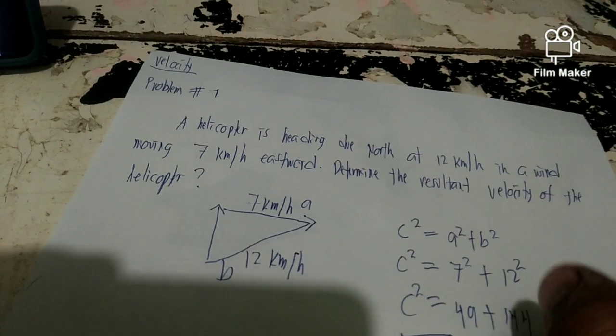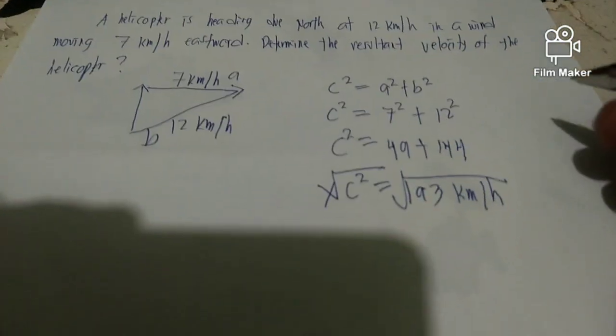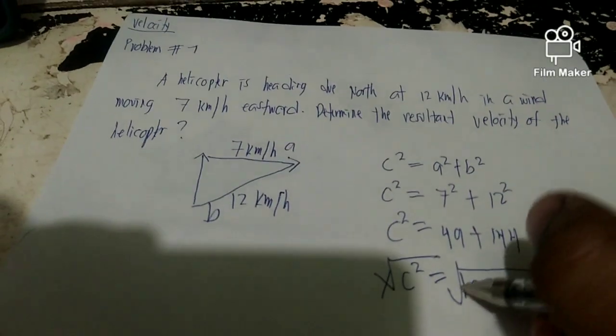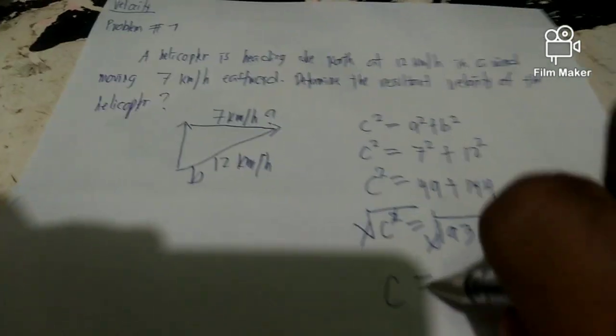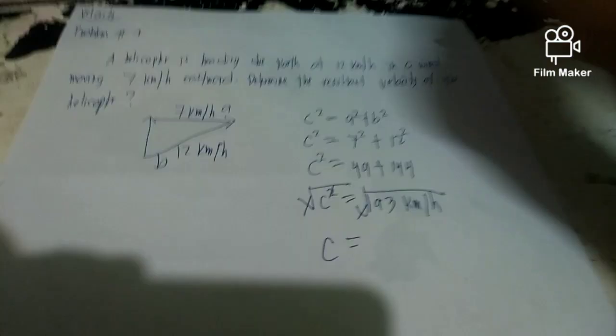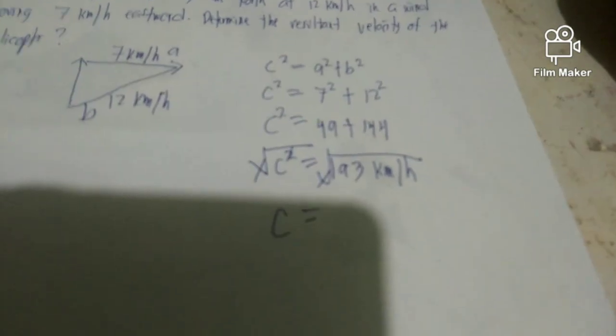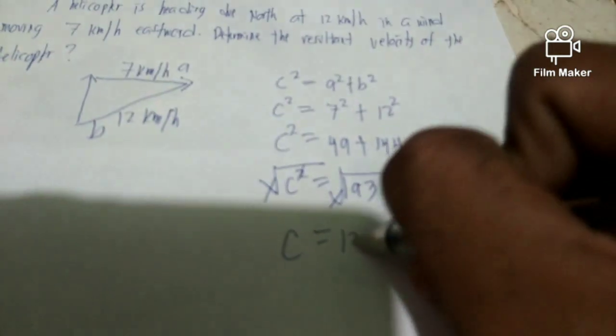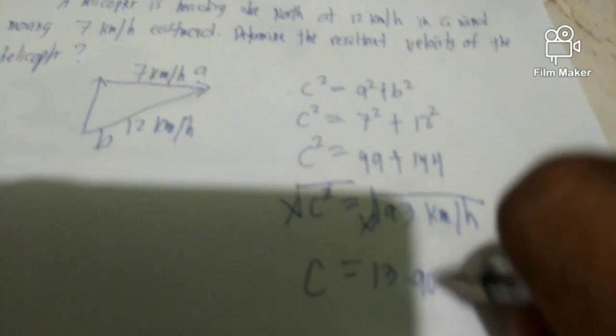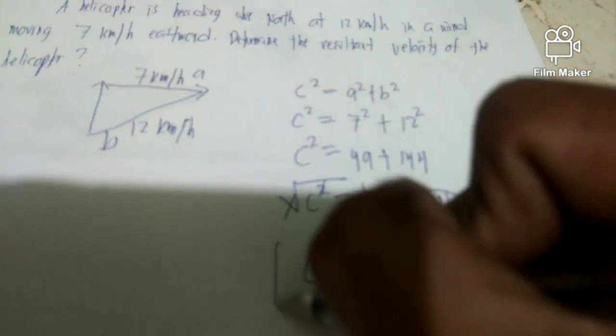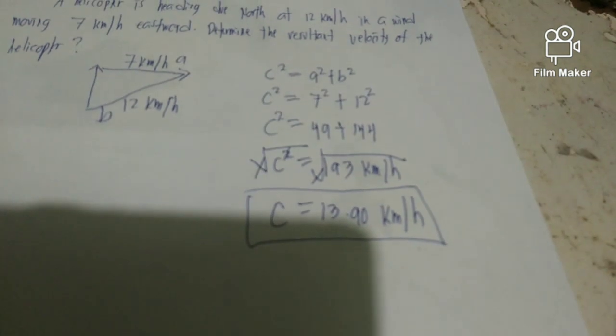So let's get the square root. C equals 13.90, and the units are kilometers per hour. So our velocity is 13.90 kilometers per hour.